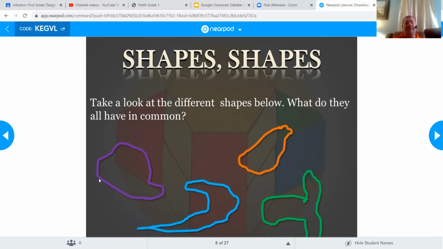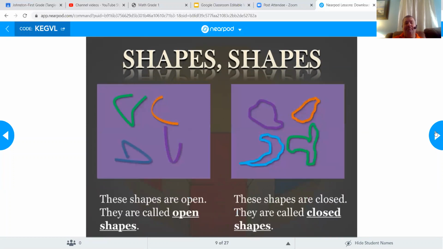All of these shapes are closed shapes. The shapes in the box on the left, my left, your right, are open. They're called open shapes. The shapes in the box on my right, your left, are closed. These are called closed shapes.